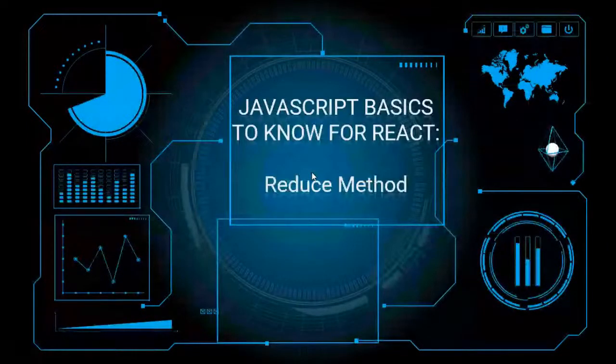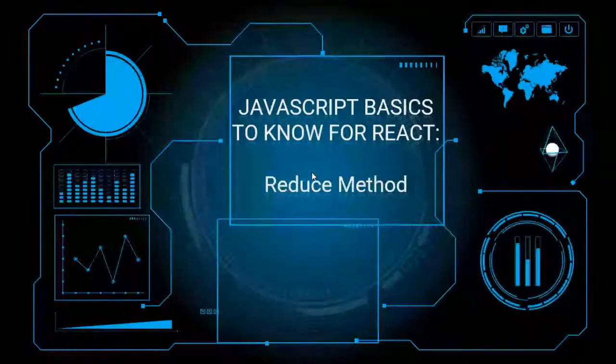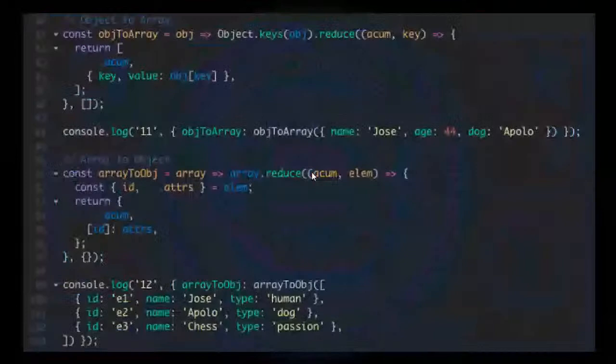Another important method that's the basis of a lot of patterns in React is the reduce method. The reduce method allows you to take two values and return a particular value from those two values, right? So what we have here is we are passing values from an object to an array.